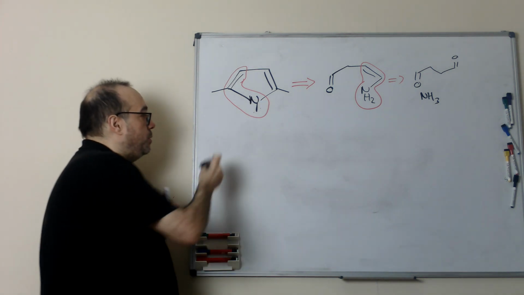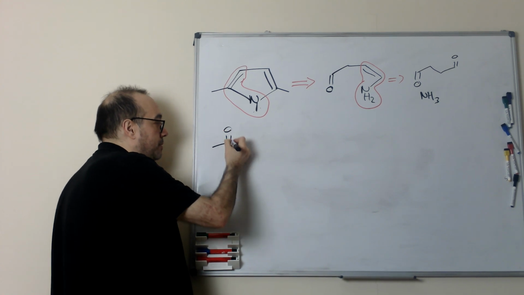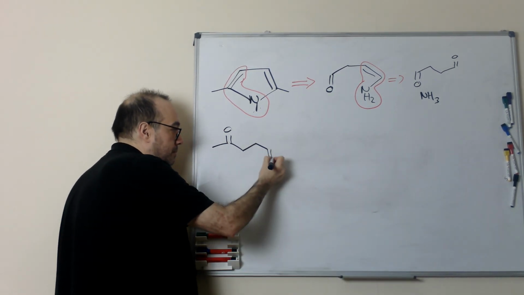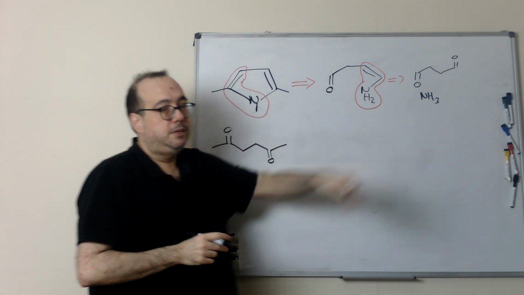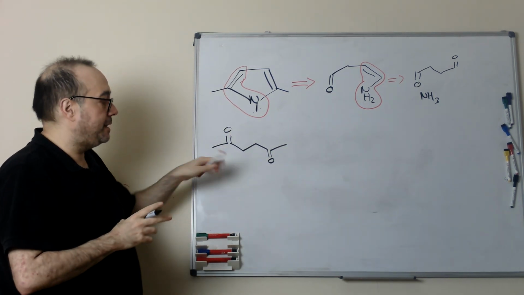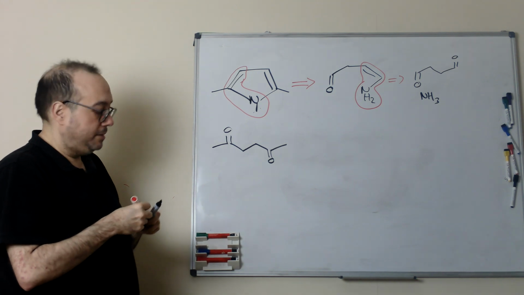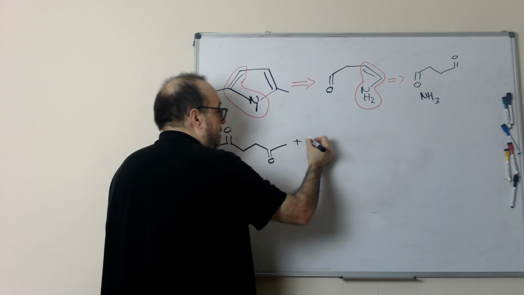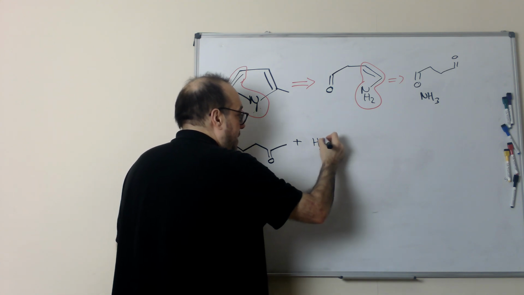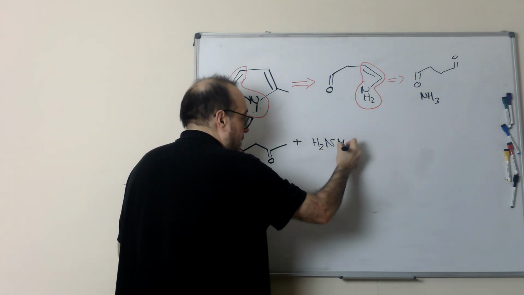We will start from this 1,4-dicarbonyl compound. Remember, if we do the retrosynthesis, we will get this 1,4-dicarbonyl compound plus the amine, in this case, methylamine.